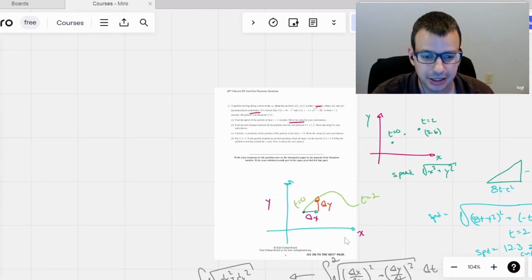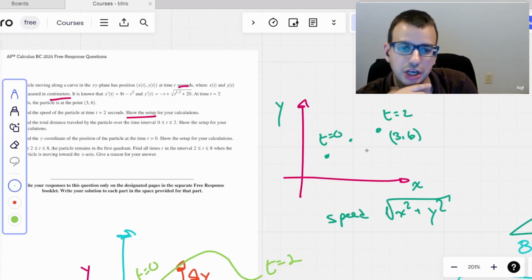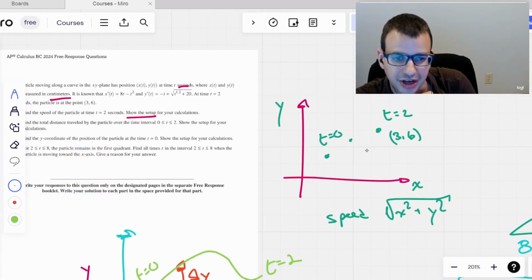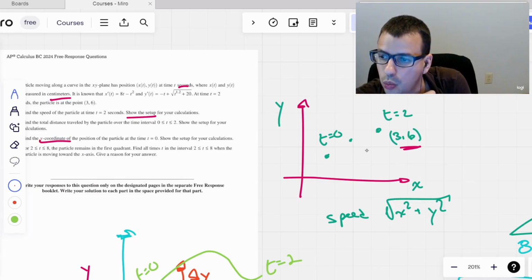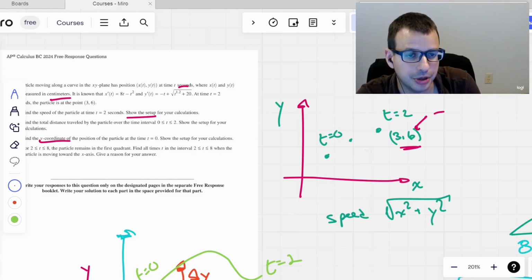Okay, same idea. So I'm going to draw, we have our graph up here. We know that its final position at t equals 2 is (3, 6). And we're concerned specifically with the y-coordinate. So we know it's at 6. We know it traveled a distance of 15.9.